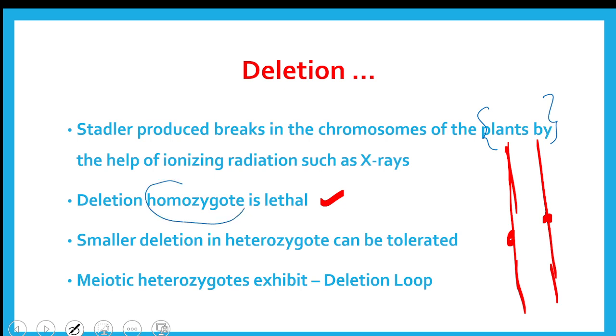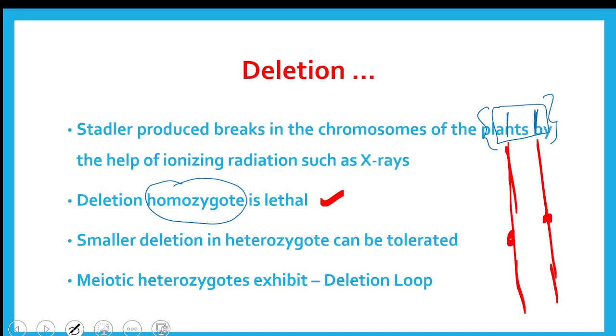Thus it is a deletion homozygote. So not a single gene is present with respect to the characters determined by these two segments. Thus it is very lethal.